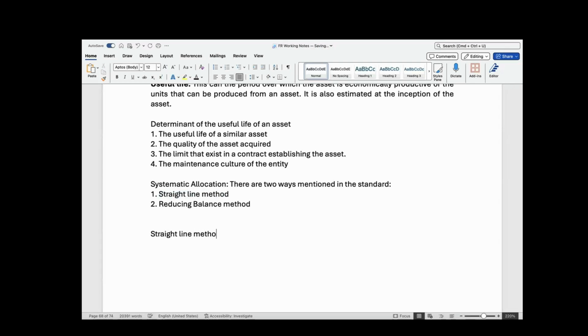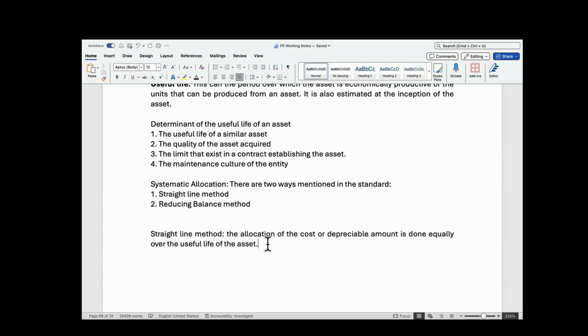So when we say straight line method, under this method, the allocation of the cost or depreciable amount is done equally over the life of the assets, or over the useful life of the assets. And that's why they call it straight line method.